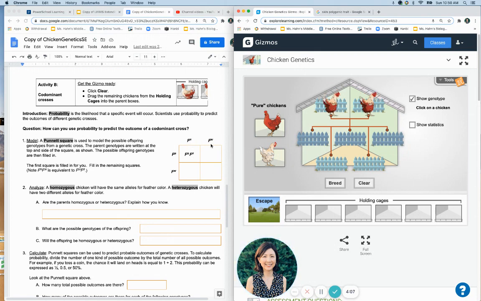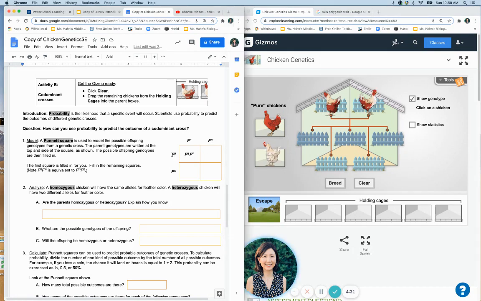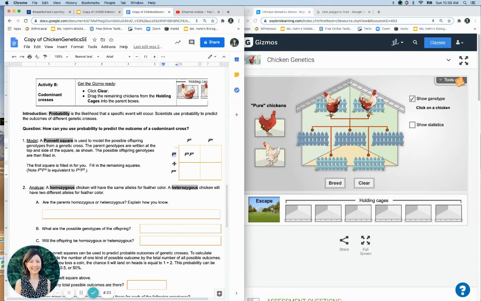So this one is the first parent right here, okay? F big R, F big W. And then this parent is actually the same. So the alleles that are going to go in here are F big R and F big R. And the alleles that are going to go in here are going to be F big R and F big W. Now, if you don't know how to do the superscript, an easy way is just to copy this and paste it here.